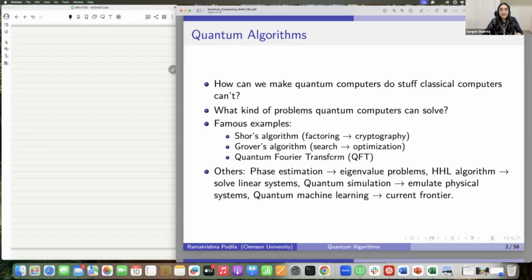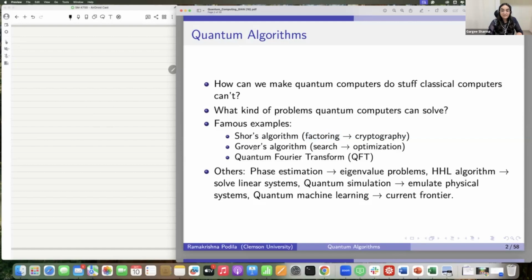And why do we want to solve this problem? Because this problem has implications in cryptography. If you are encrypting or decrypting your data, if you want to securely send your data, this prime factoring actually helps us with that.